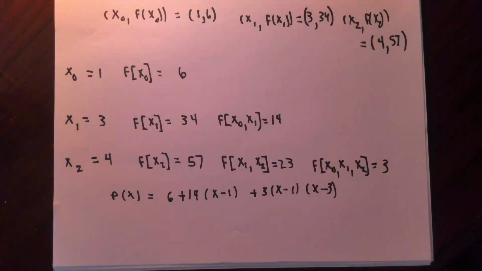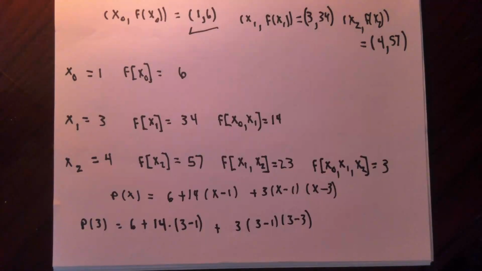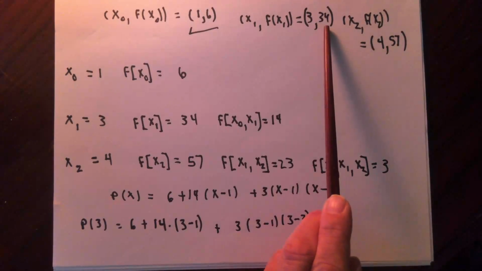If I evaluate p at x1, at x equals 3, I'll get 6 plus 14 times 3 minus 1, plus 3 times 3 minus 1 times 3 minus 3. This term is 0. This is 14 times 2, which is 28. 28 plus 6 is 34, and we are supposed to get 34 for an answer.